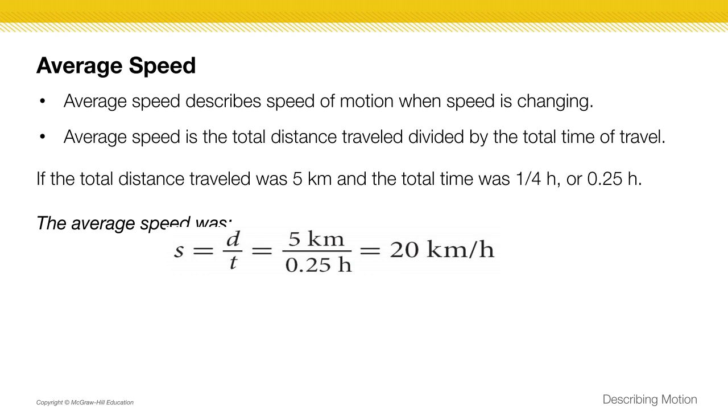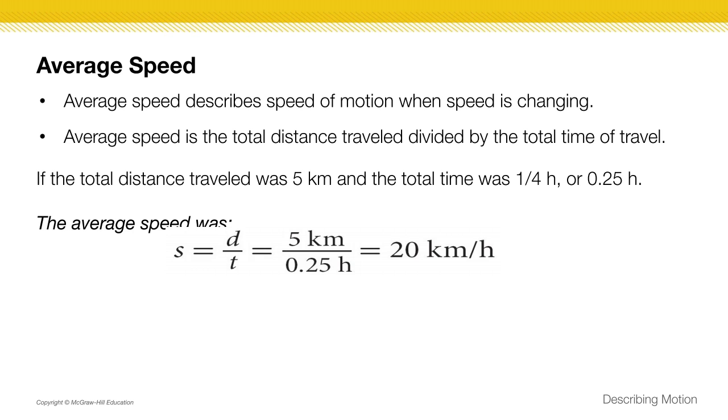Okay, so just like we calculate averages in math, we calculate averages with your grades. We do the same thing with speed, right? We know the speed formula is distance divided by time. So if you want to find your average speed, you're just going to take the values from the whole trip. It describes motion that's been changing, right?